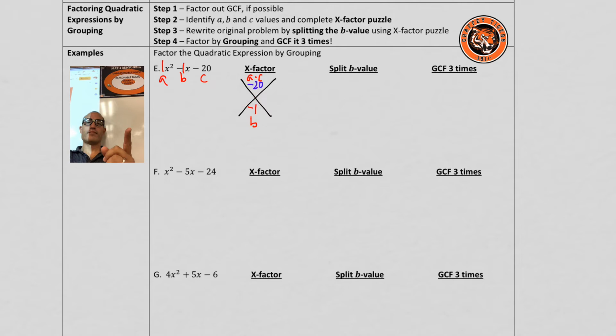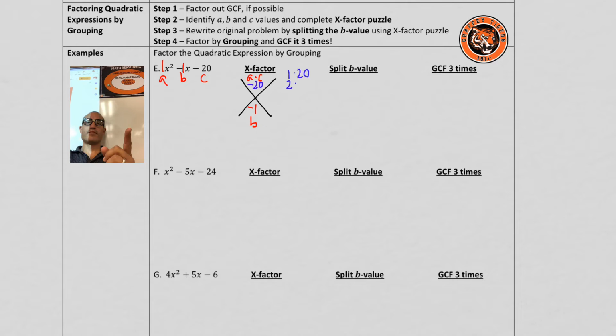At this point, it's going to be your job, like from yesterday's notes, to complete the X factor puzzle. So as a reminder, here's how this works. We're going to take this top value, which was A times C, and we're going to list all the factor pairs. So 20 is 1 times 20.